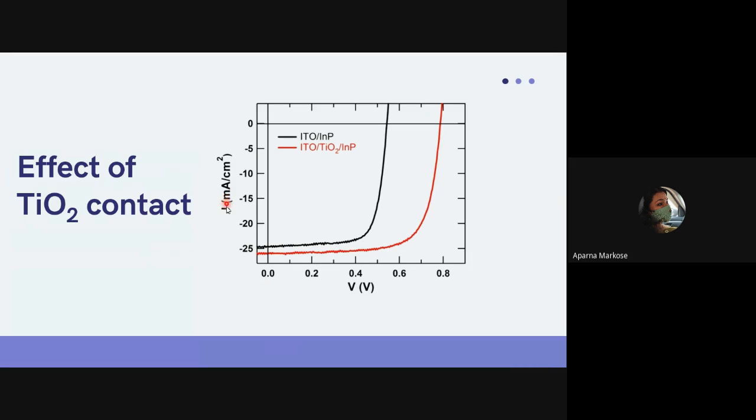Okay, and the next one is the effect of the titanium dioxide contact. They made a solar cell with the ITO and indium phosphide alone. You can see this is the IV characteristic. You know why it is like this.